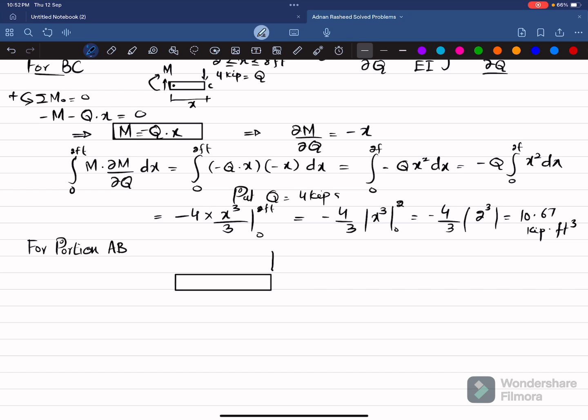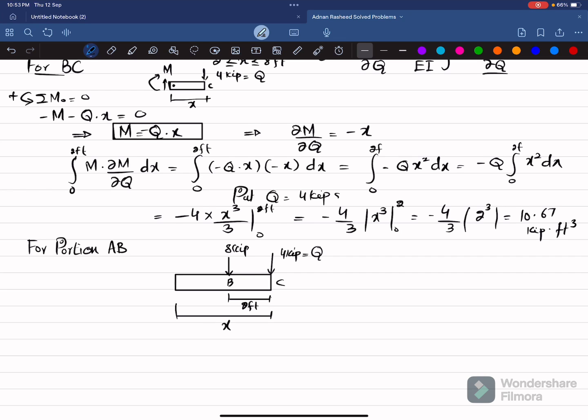This is your point C, where you have the 4 kips load, and that is taken as Q, clear. And this is your point B, where you have the 8 kips load, clear. The distance from A to B to C is 2 feet, and the total distance is taken as x.